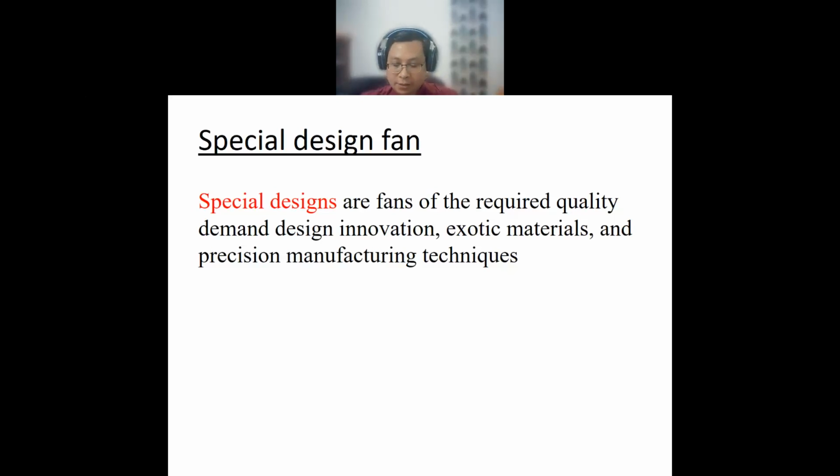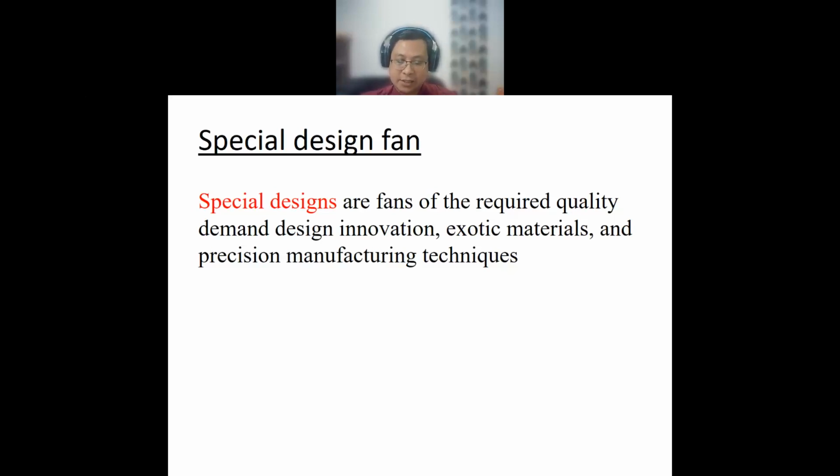Okay, when we try to select the proper fan in our design, what we need is based on these parameters. Sometimes we can choose because of innovation, sometimes as a material, and then precision.